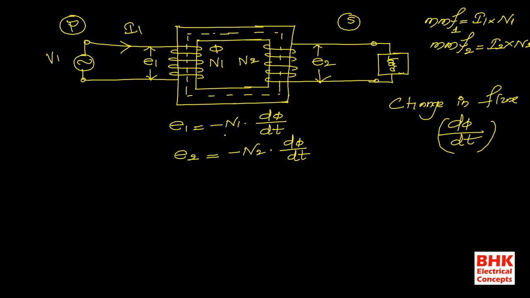Here N1 represents the number of turns in the primary side and N2 represents the number of turns in the secondary side. But here we need to concentrate on one point: why are we getting a negative sign instead of a positive sign?